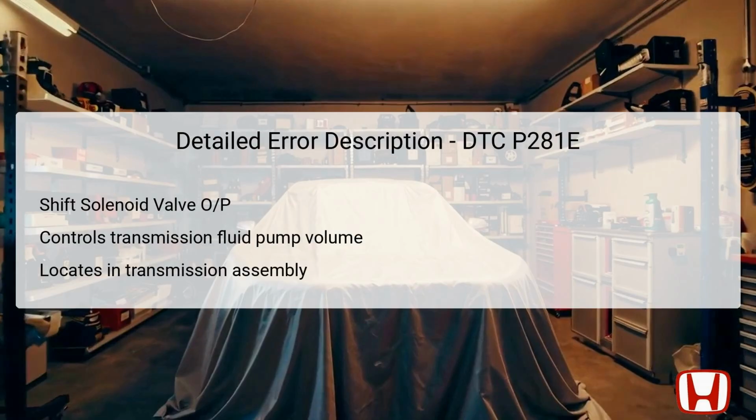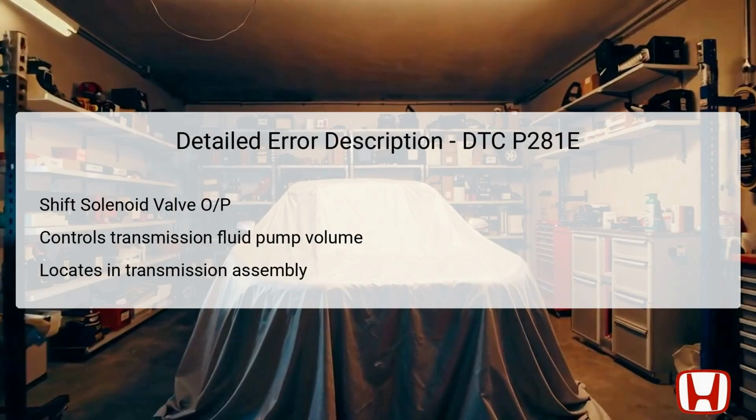It is responsible for regulating the fluid pump volume by controlling when the pump is operational. This solenoid manages the draining circuit based on commands from the TCM, which interprets various parameters to decide when to toggle the solenoid on or off.